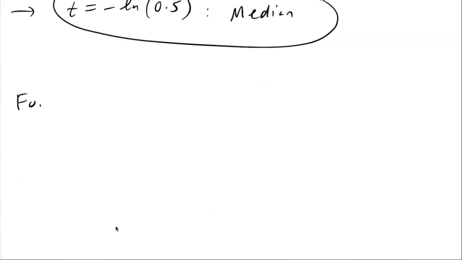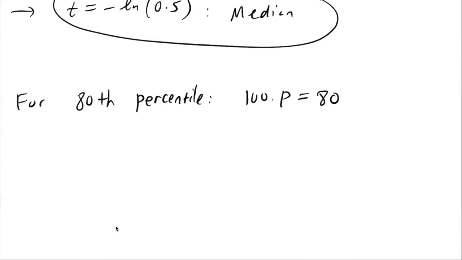So for the 80th percentile, 100 times p equals 80. So p is equal to 0.8.